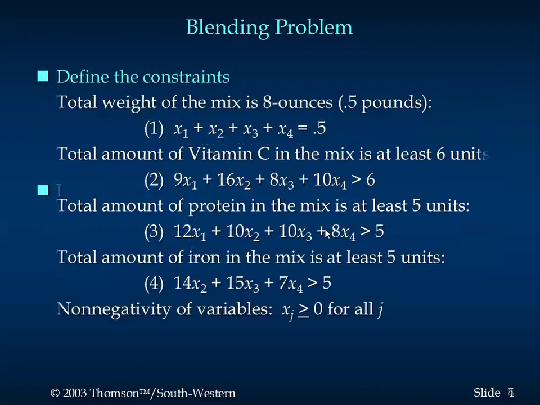Okay, and what are the constraints? Well, first of all, the total weight has to be equal to 8 ounces. 8 ounces, by the way, is half a pound, 0.5 pound. And so X1 + X2 + X3 + X4 must be equal to 0.5. Total vitamin C content must be at least 6 units.